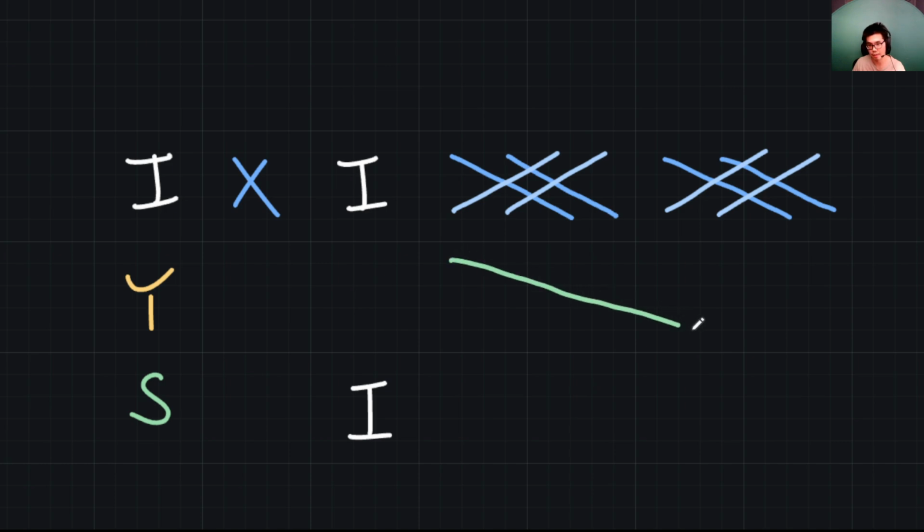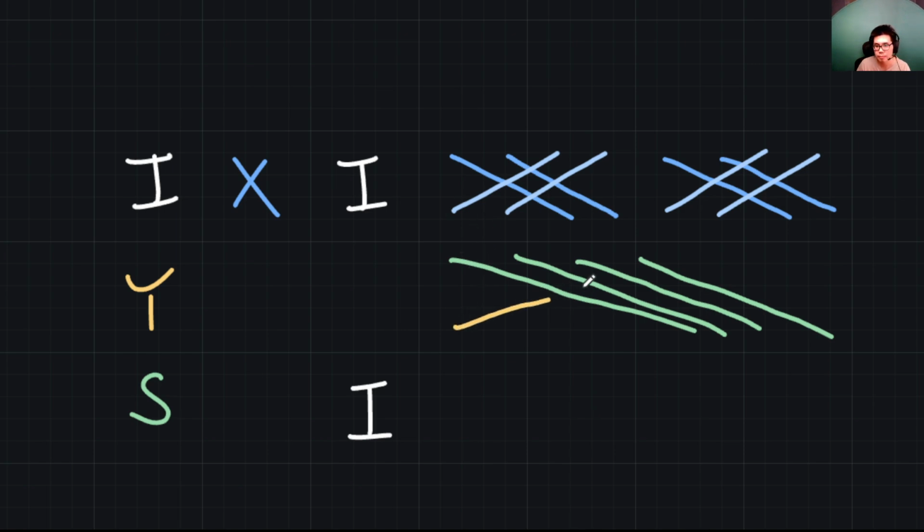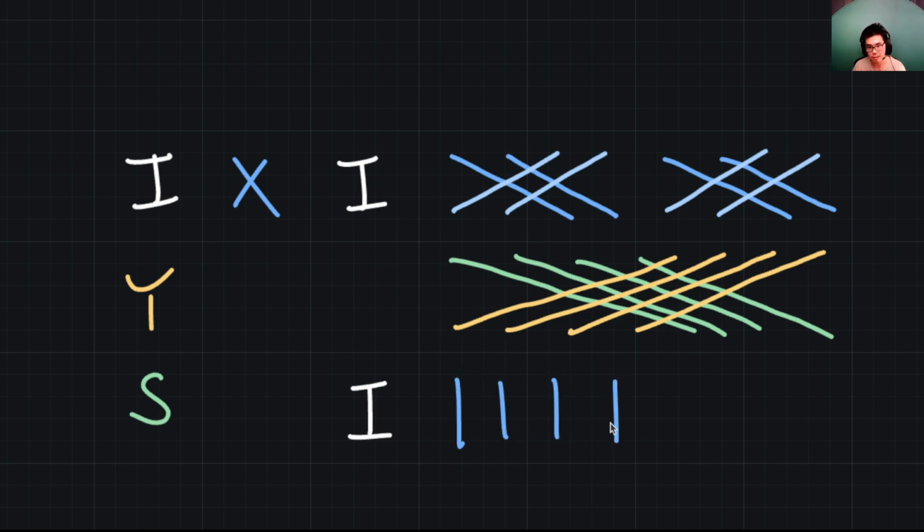So now we have crisscross from the left to the right. It's a little bit hard to draw, but finally an S gate on the right. That means the right half gets the S treatment.